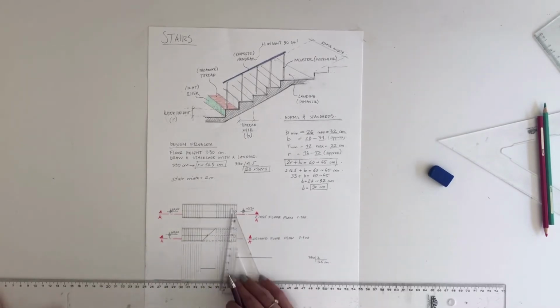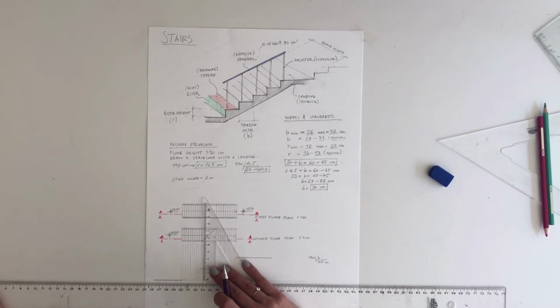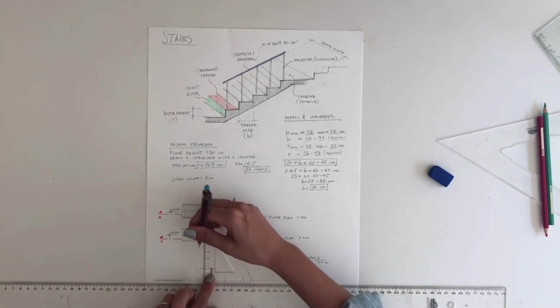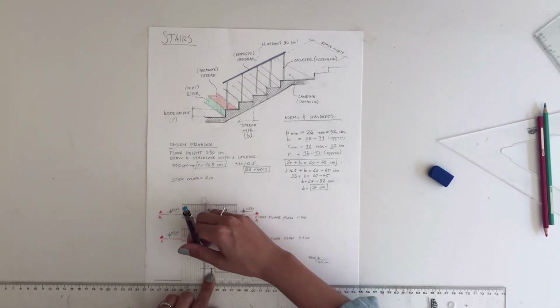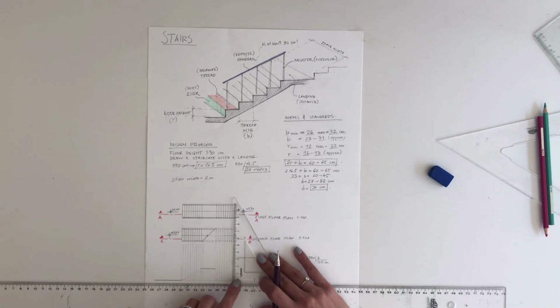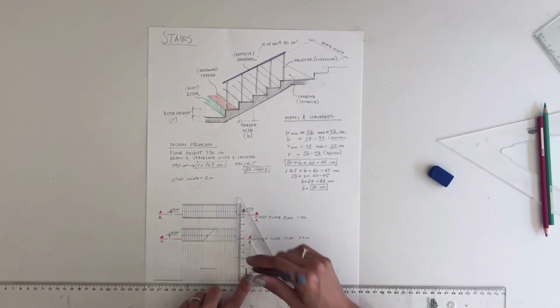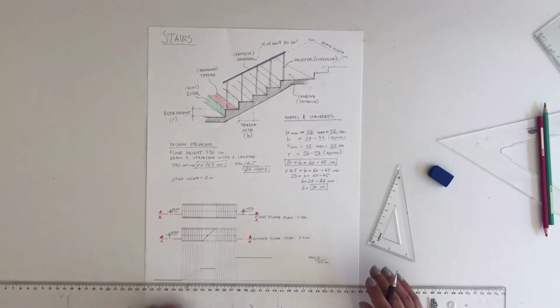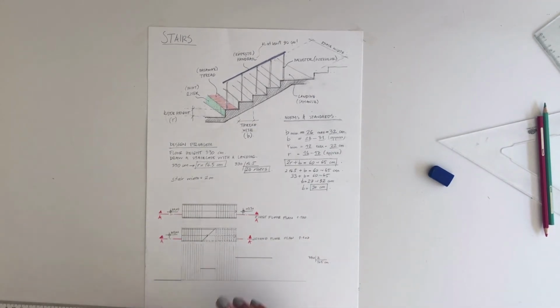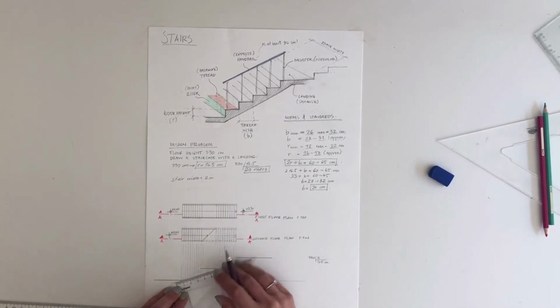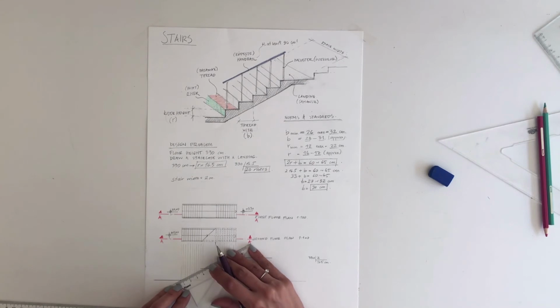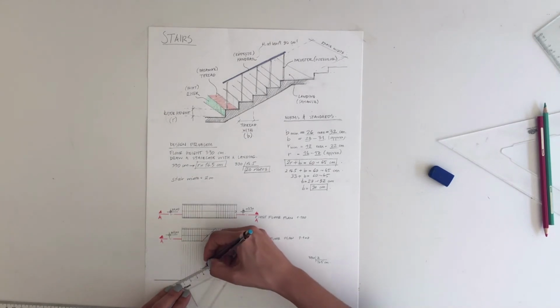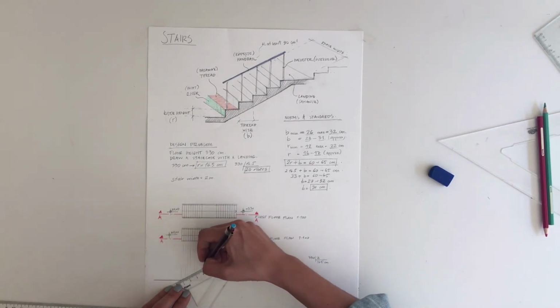Firstly, I should also put a 3 millimeter width after the last step. Then connect the starting first point of my riser to that last point, like that.